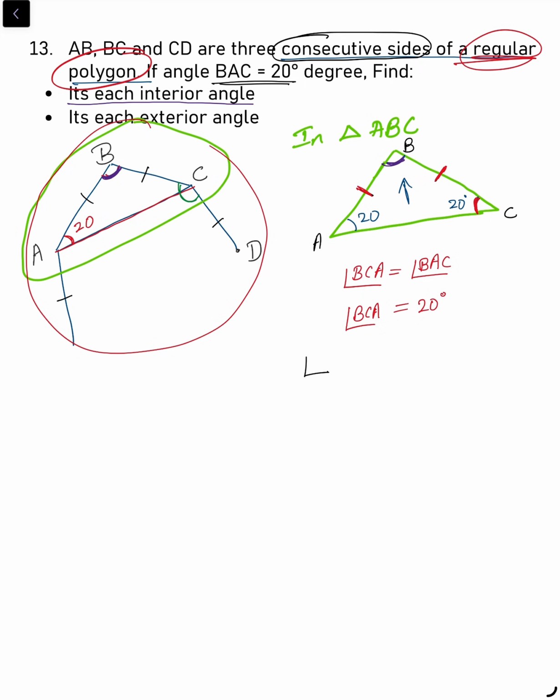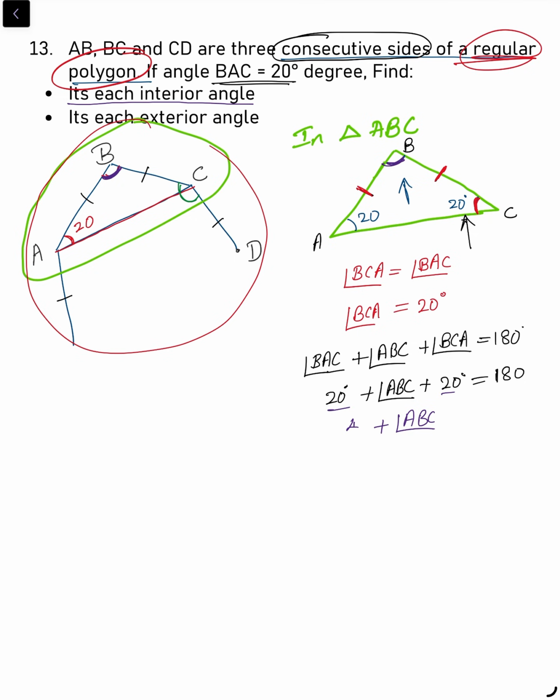If I add angle BAC, that is angle A, the second angle ABC, and the third angle BCA, the total will be 180 degrees. So substituting, 20 degrees plus angle ABC plus angle BCA, which is 20 degrees, as we found previously, must add up to 180. So angle ABC is going to be 180 minus, 20 plus 20 is 40.